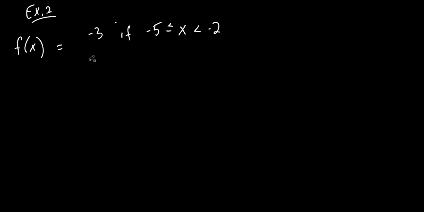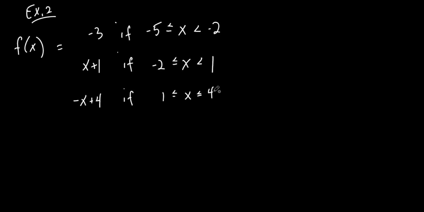And then x plus 1 if -2 less than or equal to x less than 1. One more, -x plus 4 if 1 less than or equal to x, which is less than or equal to 4.